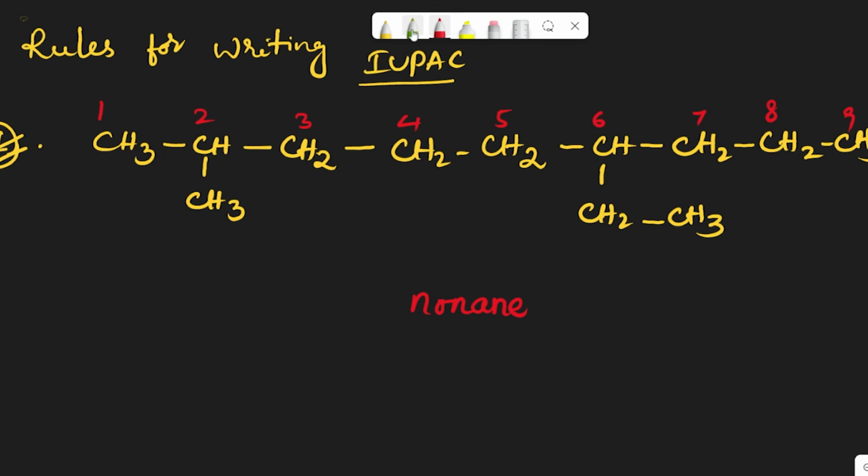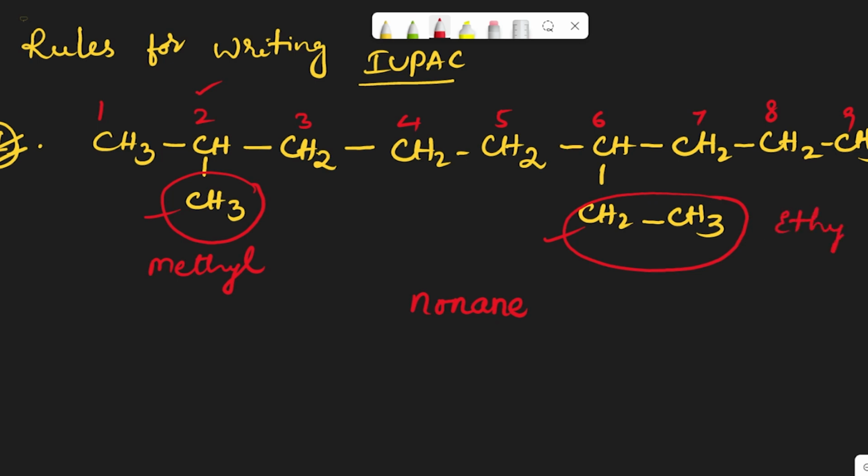And here there are two substituents. What are the substituents here? These two are alkyl groups. So at the second carbon there is a methyl group, and at the 6th carbon there is an ethyl group.